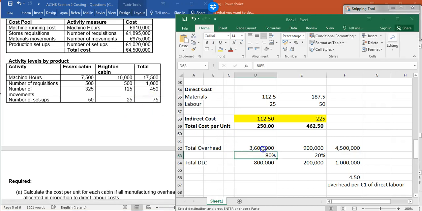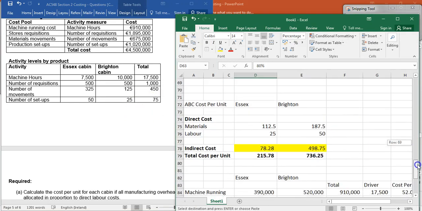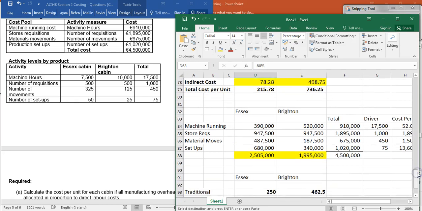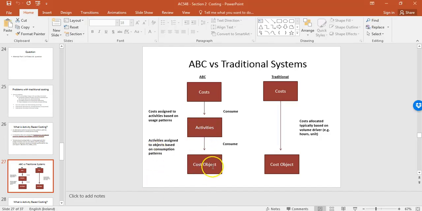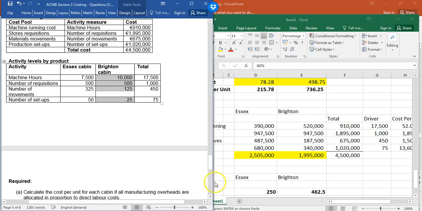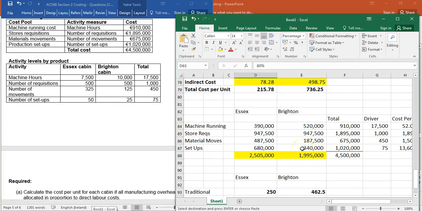So when we come to activity-based costing, we capture that usage. And that's what I'm looking for students to say, that we're a lot more accurate in terms of whatever activities a product consumes, ABC will pick that up a lot more accurately, and it will reflect that in the product cost. So because Brighton is so activity intensive, it uses so many machine hours, requisitions and movements, it gets allocated a lot more of the cost.